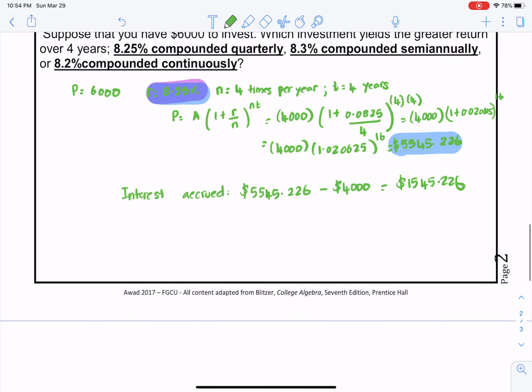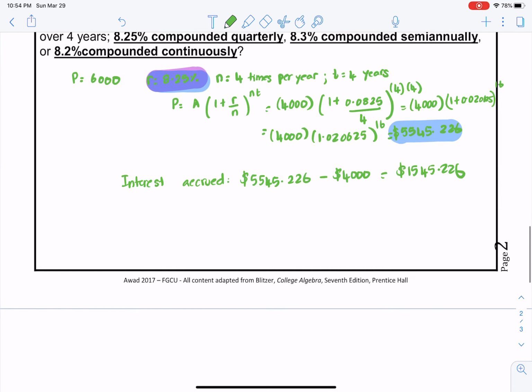The second case, the rate is 8.3% compounded semi-annually, so the principal doesn't change, it's 4,000. The term doesn't change, it's 4. But the number of times is 2 because we apply the rate 2 times per year, semi-annual.